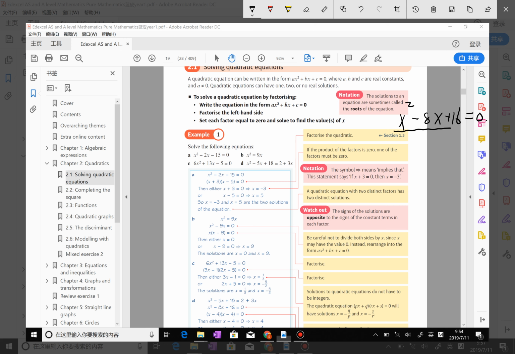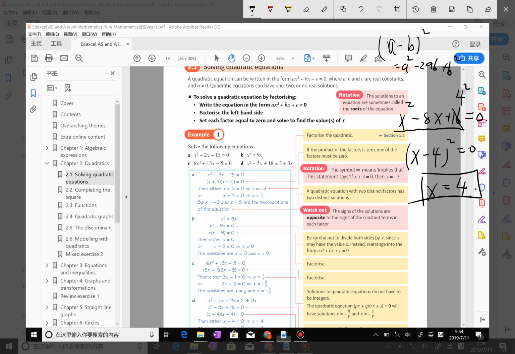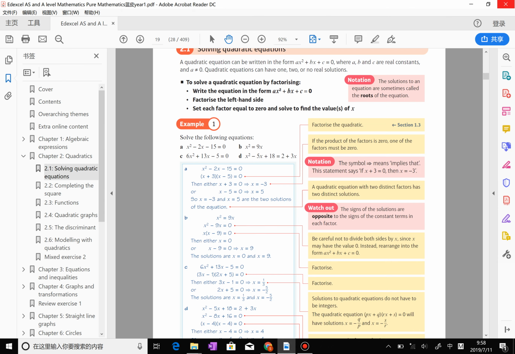The formula is a minus b squared equals a squared minus 2ab plus b squared. 16 can be written as 4 squared, so we can write x minus 4 squared equals 0, so x equals 4. We finished example 1.